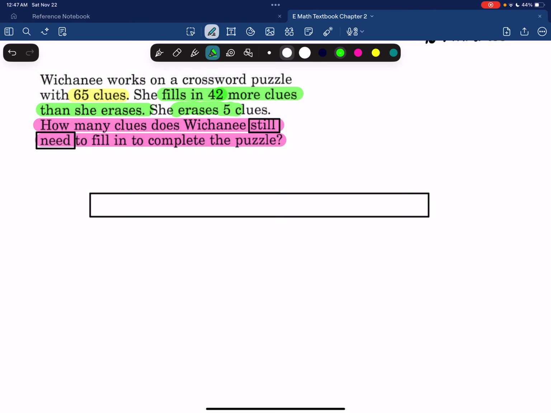All right, we know the total is 65 clues. We know that she erased 5. We know that she filled in 42 more than she erased.